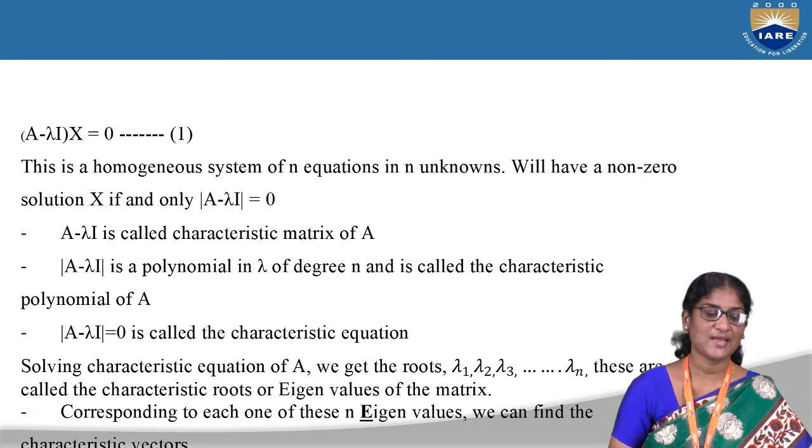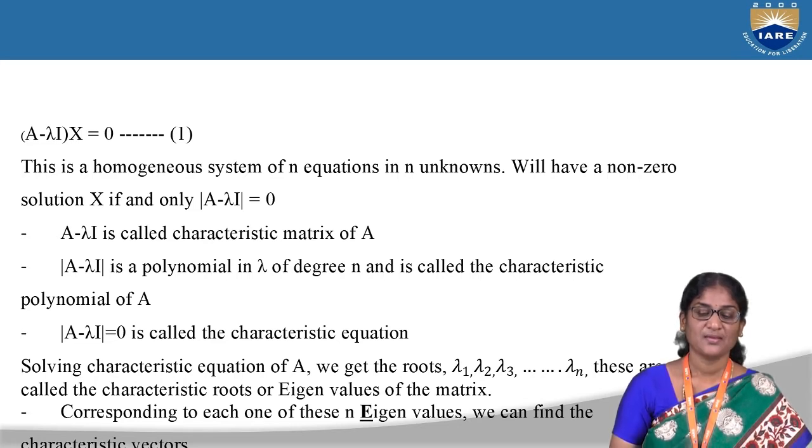Taking x as common, A minus lambda I into x is equal to 0, and this is a homogeneous system of n equations in n unknowns. We'll have a non-zero solution x if and only if the determinant of A minus lambda I is equal to 0.